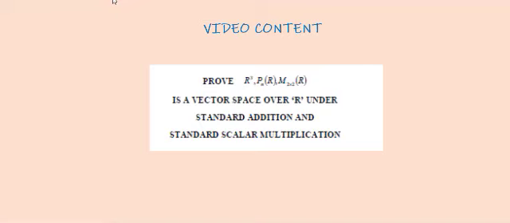If you go problem by problem, you will be concentrating on only one structure at a time. Here we have three different structures: R3 is one domain, Pn of R is another, and M 2 cross 2 of R is another.